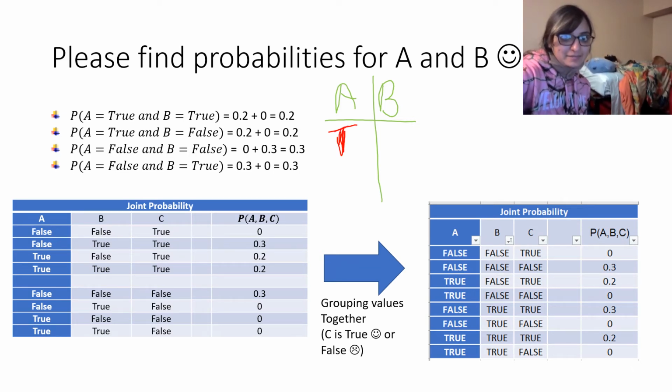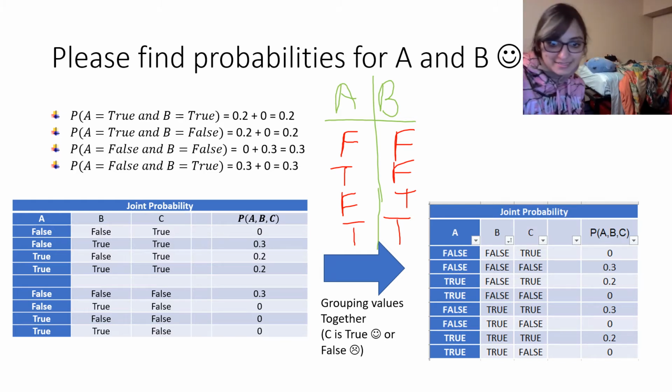Let's follow how I did it here. So the values could be false and false, true and false, false and true, or just true and true. There are many ways you could write this truth table, but because I organized it, this is how it looks here.